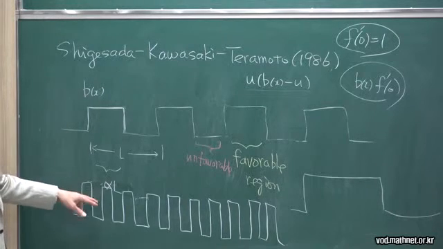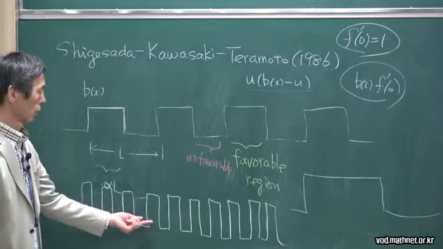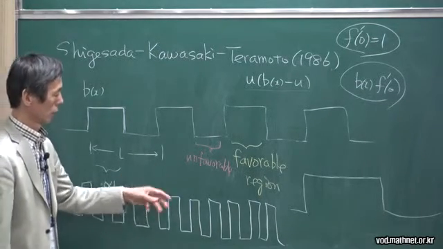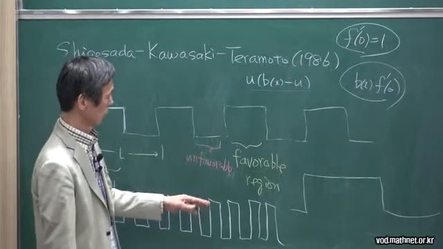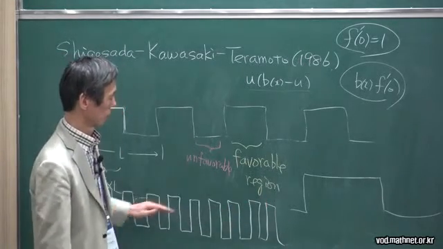In this case, the bad area is short, but the good area is also short. So it changes very, very frequently, so it looks almost like constant.